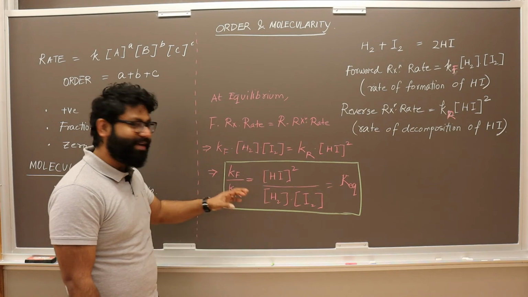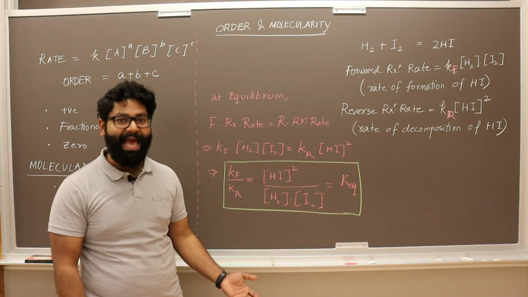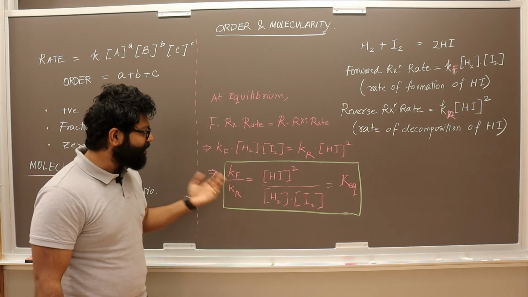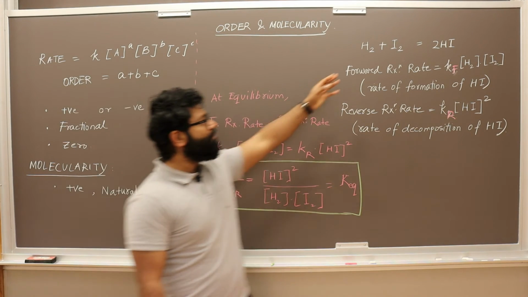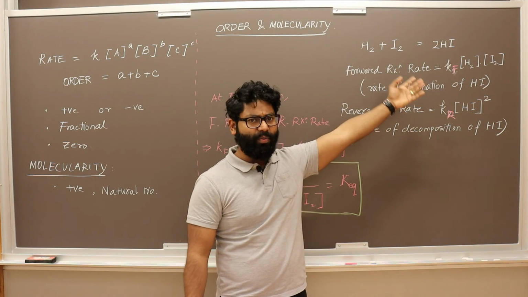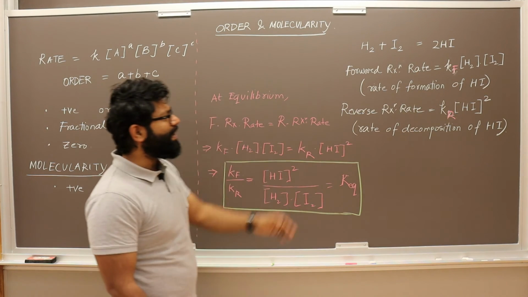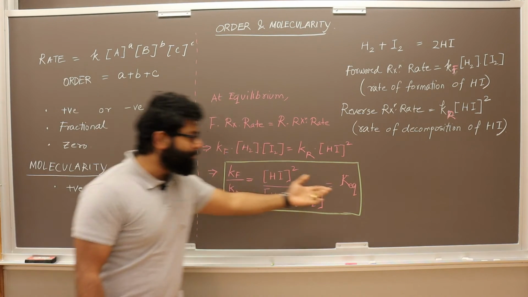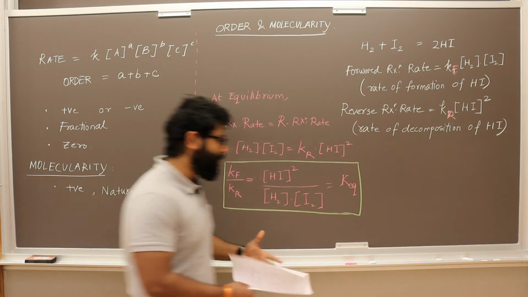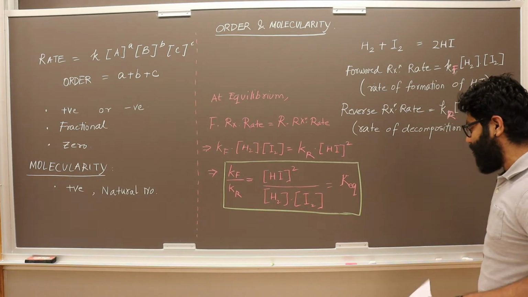This did not depend on any concentration with which it began. It was just a constant. It did not depend whether you started out with H2 or started out with HI. So it did not depend on the direction of the equilibrium. Equilibrium does not depend upon the direction with which you come in, right?